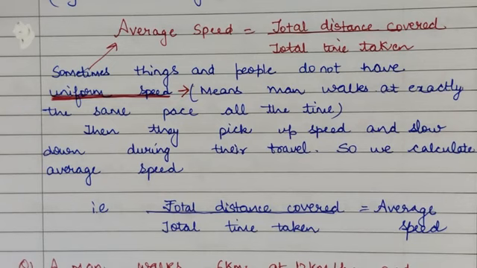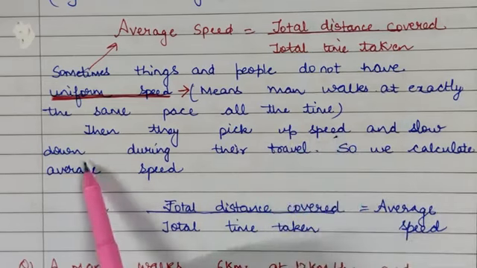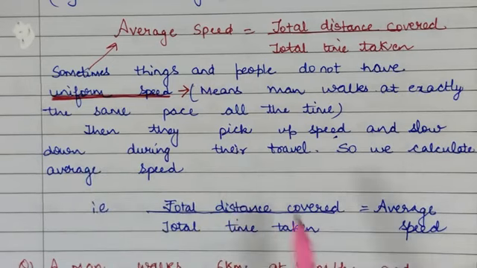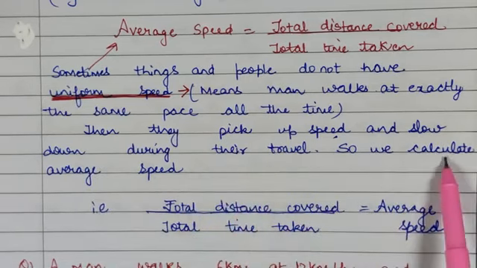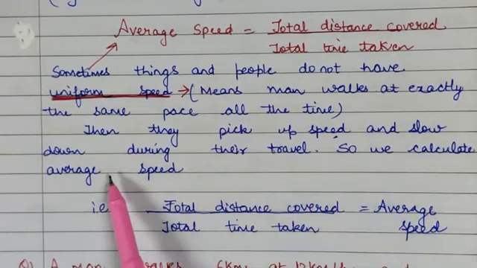Sometimes the man is running fast, then a little bit slow, then fast, then slow, and sometimes the man is walking at exactly the same pace. If he is walking at exactly the same pace, he has uniform speed, and if he is picking up the speed and then slowing down sometimes, we have to calculate the average speed.